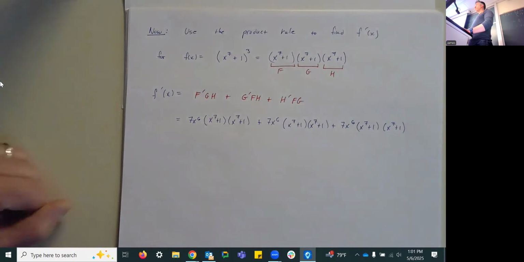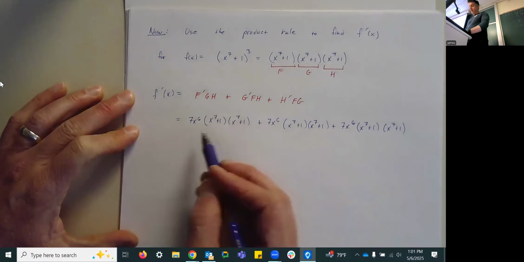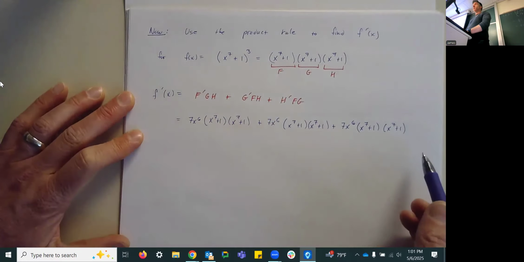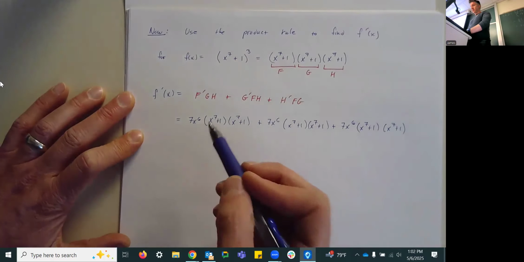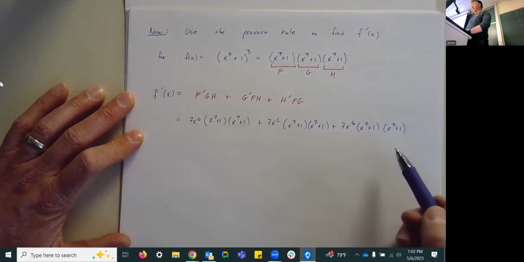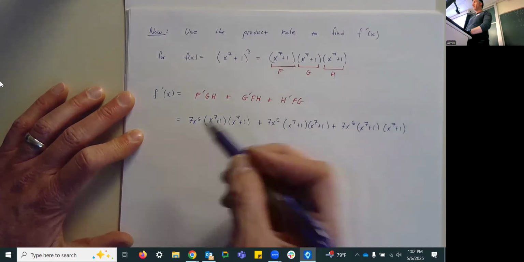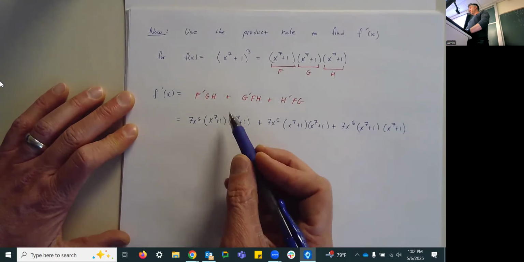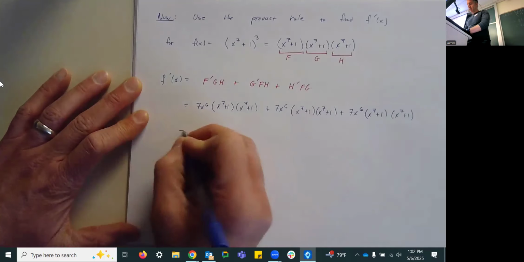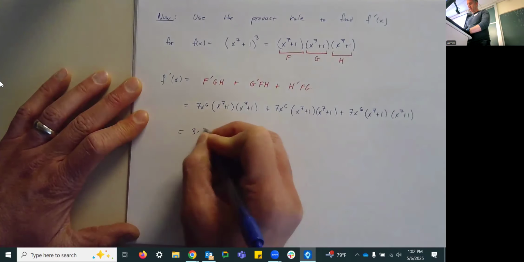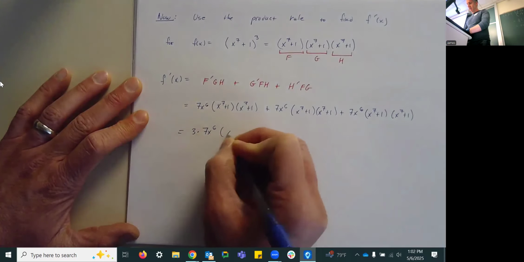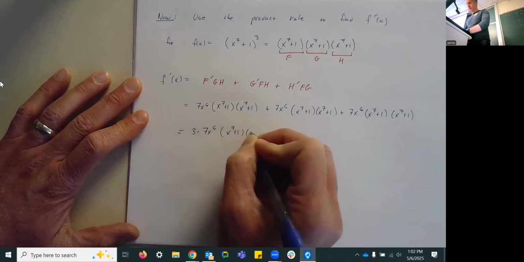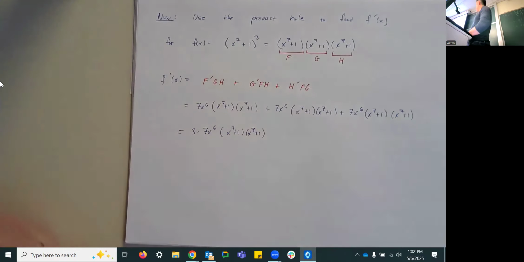Which I'm definitely going to simplify here so we can see a thing. If you notice here, all three of these pieces are the same. So instead of 7x to the 6 times x to the 7 plus 1 times x to the 7 plus 1 three times, I can write it as 3 times 7 times x to the 6 times x to the 7 plus 1 squared. Sorry, I didn't rewrite it exactly the same way.